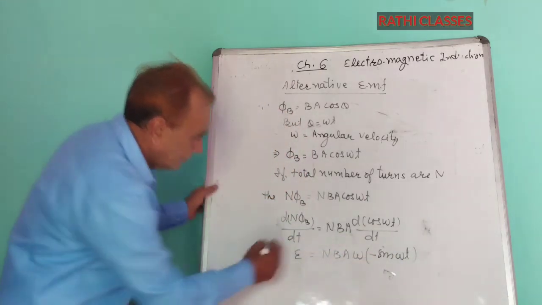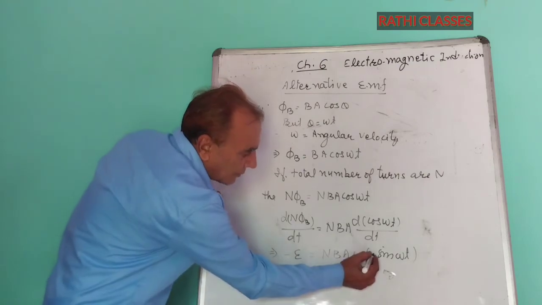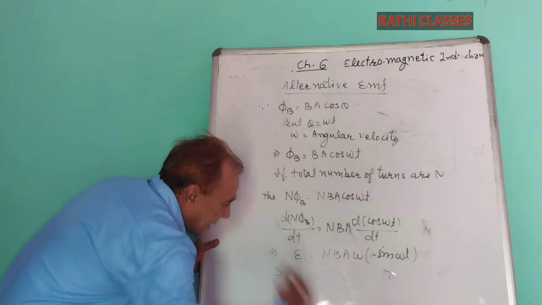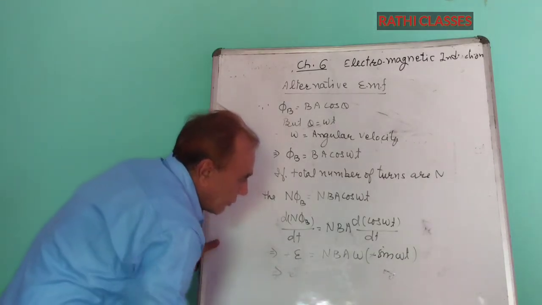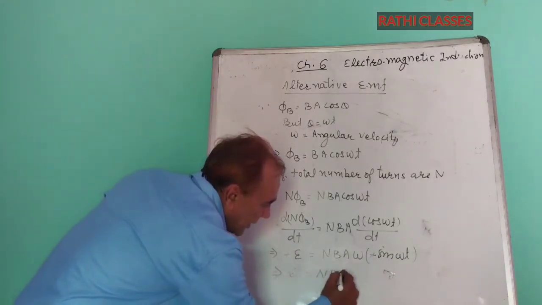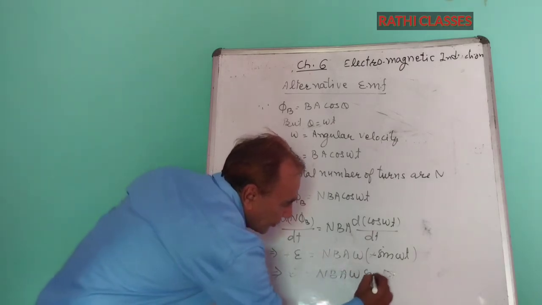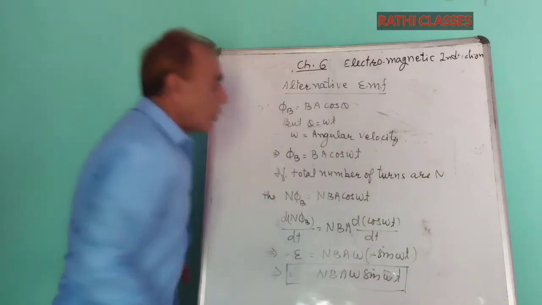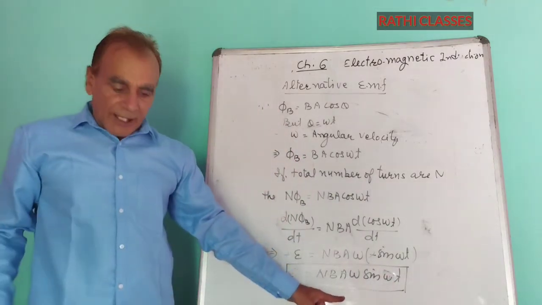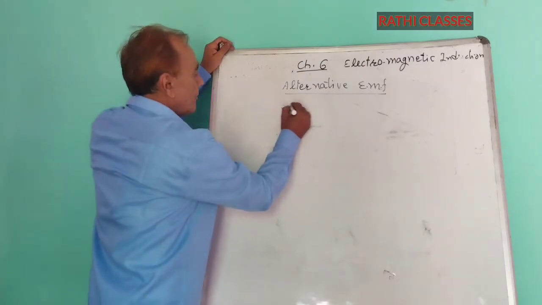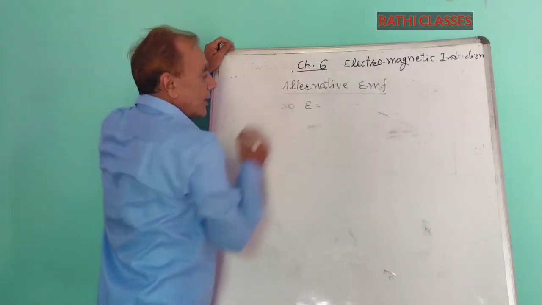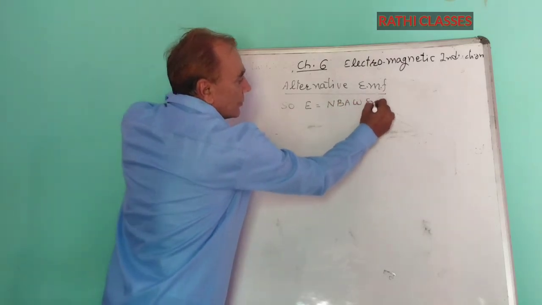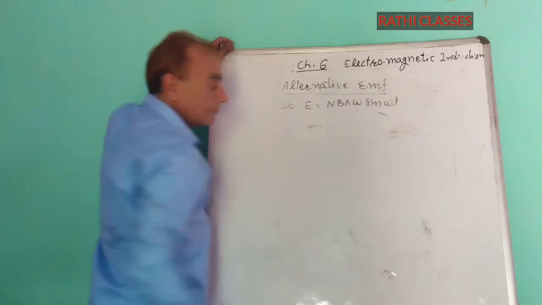If we cancel out this minus with that minus, then E is equal to n B A omega sin omega t.